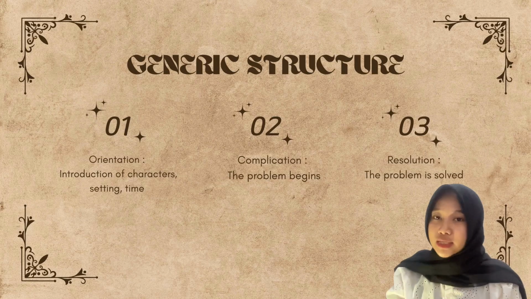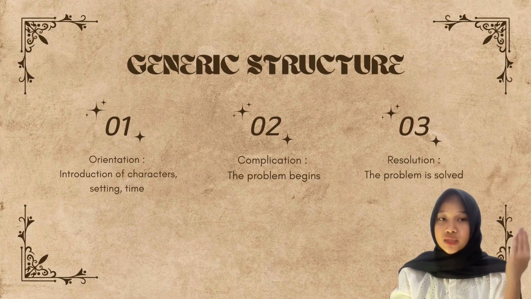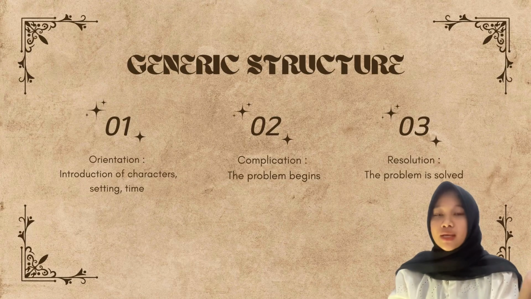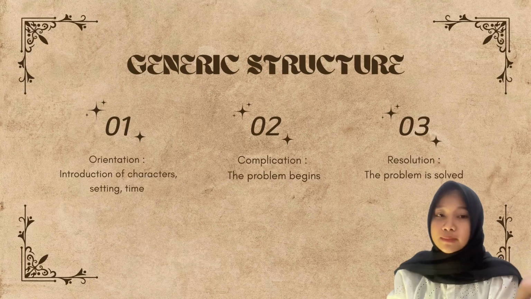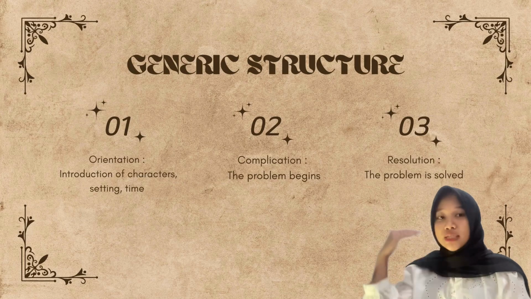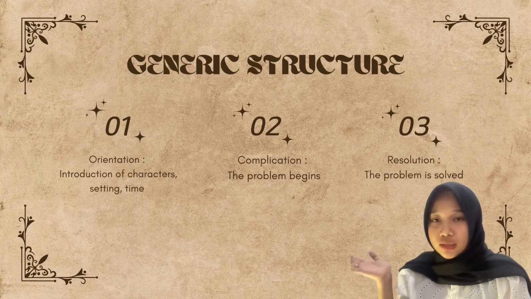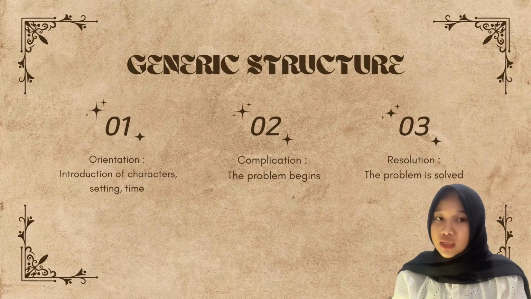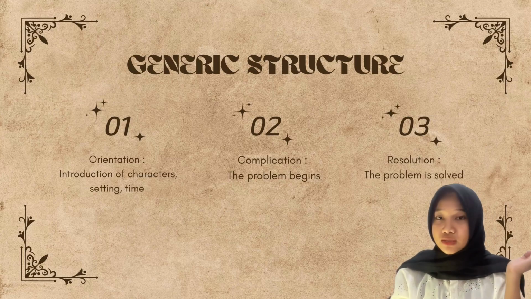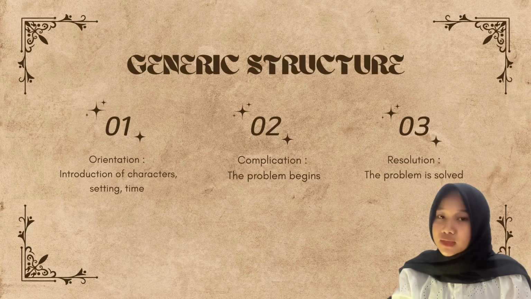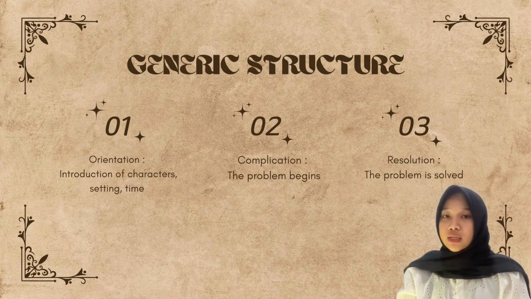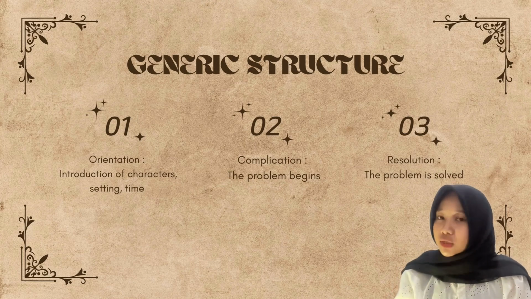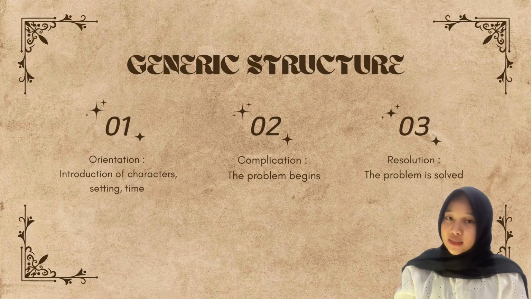The orientation is where we introduce the characters, place, or time, the complication is where the conflict or problem happens, and the resolution is where the problem is solved. And sometimes there is also a reorientation or moral lesson at the end.